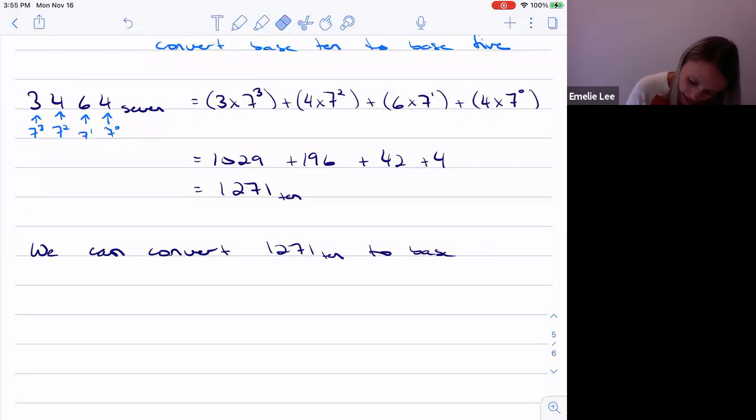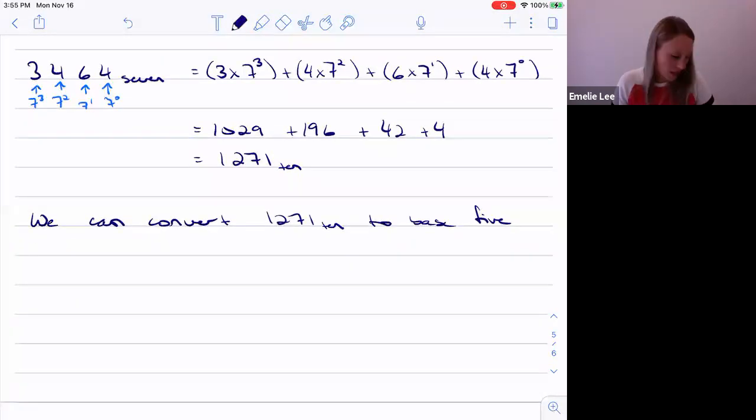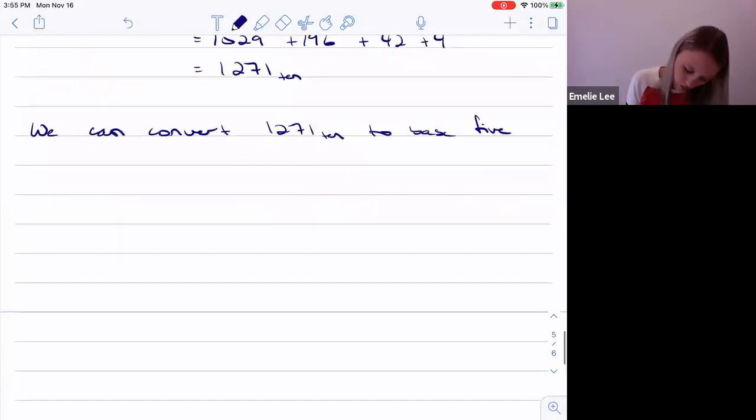I try to write it out in words, so base 10, base 5, etc. You can use numbers if you want, but sometimes I find it gets confusing. Okay, so again, I'm dealing with a page break here, so I'm going to put my 1271 right at the bottom of the page and just hope it works out.